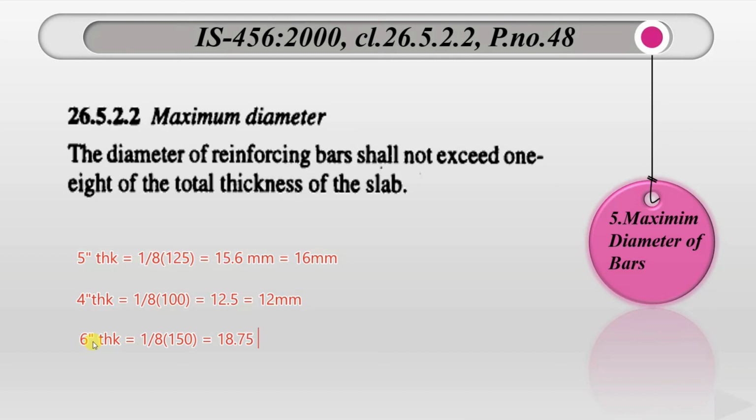We don't get this 18.75 diameter bar, so let's consider a 20 mm diameter bar. So for a 5-inch slab we should not exceed 16 mm, for a 4-inch slab 12 mm, and for a 6-inch slab 20 mm.